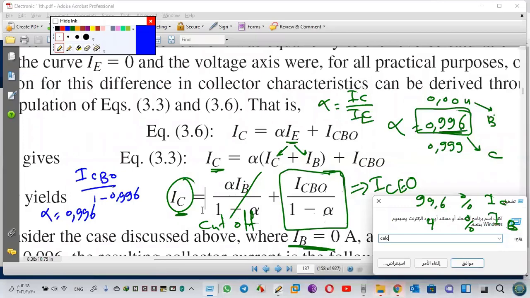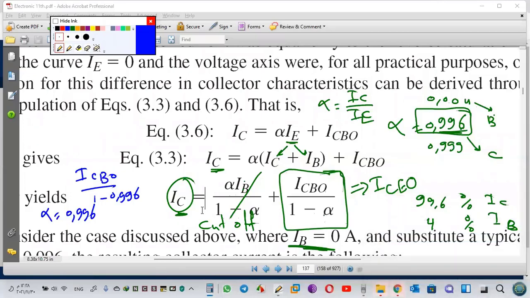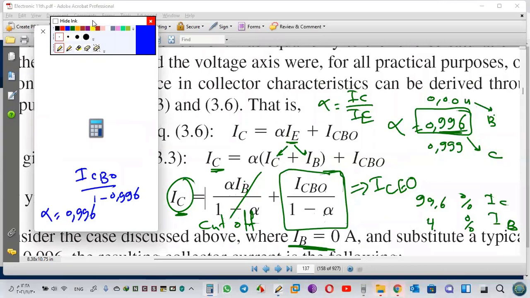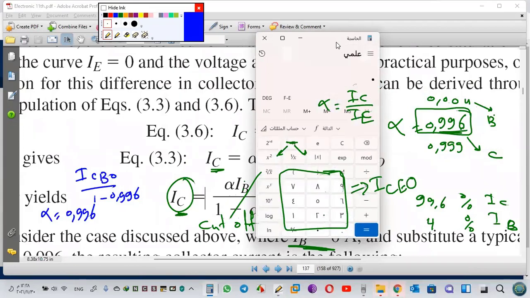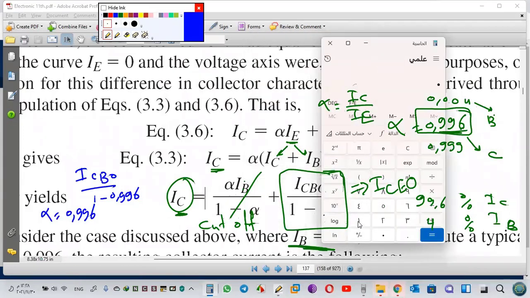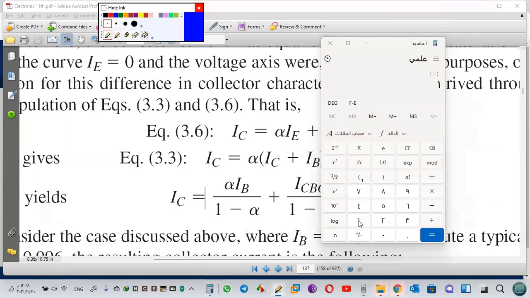Calculator. Okay. Here, try to use the calculator. 1 over 1 minus 0.996.